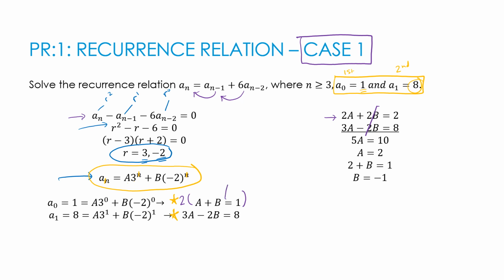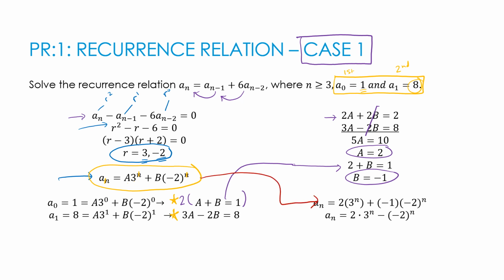I took this equation, replaced a with 2, and found that b was negative 1. So a is 2, b is negative 1. What do I do with those two things? Well, I take this guy and I replace a with 2 and b with negative 1, and then I do whatever simplification is necessary, which really wasn't much. So here is my final solution.